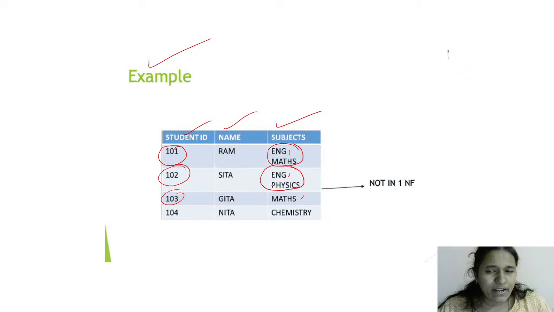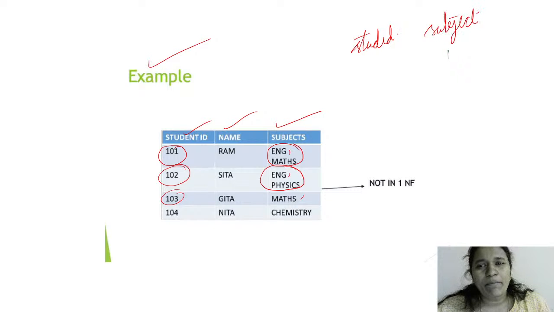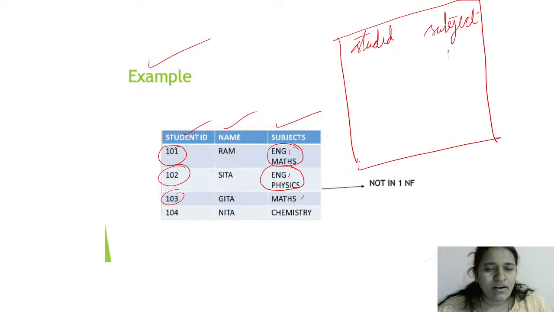We already saw in ER relations, this type of composite attributes, we have to maintain a separate table. That means student ID and subject. We have to maintain a separate table if there are multi-values in a relation. But we should not write two names in a single cell.